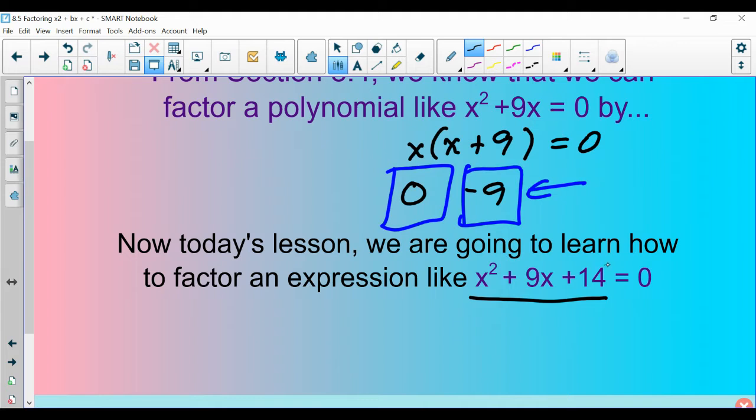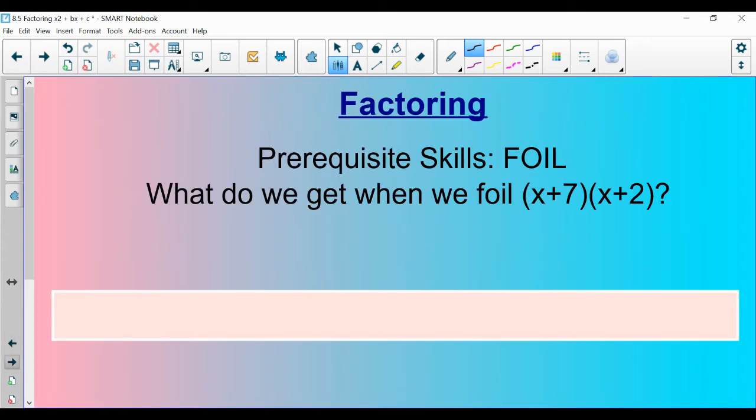Now there's a plus 14. 0 doesn't actually work. If you plugged in 0 here, yes, it equals 0. 0 plus 0 is 0. But if you plugged in 0 here, it would be 0 plus 0 plus 14. That's 14. That does not equal 0. So this is the goal for today. And like I said, super important section as we move forward.